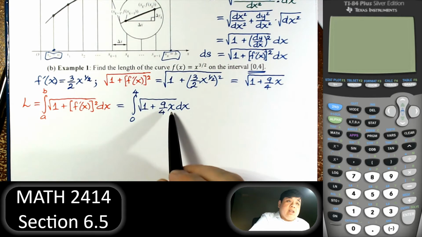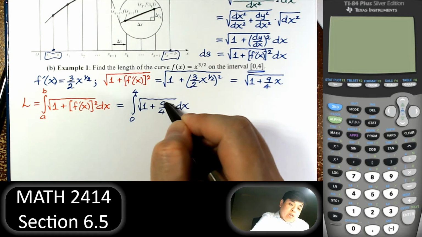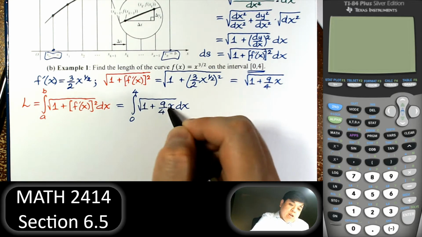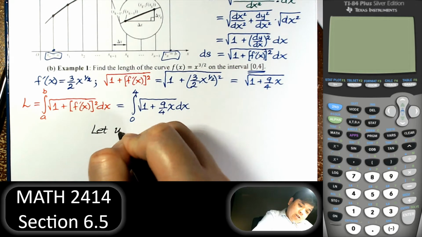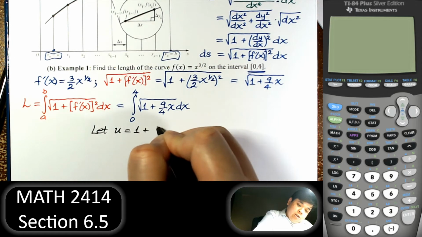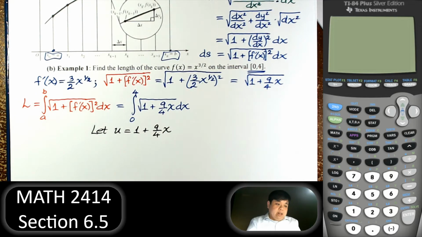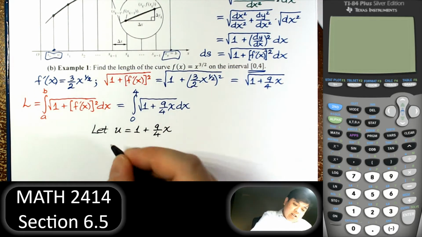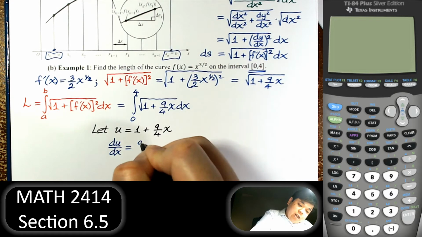Right, so we do this, we use the substitution rule, substituting u for 1 plus 9 over 4x. And let's take the derivative and solve for dx. The derivative is 9 over 4.